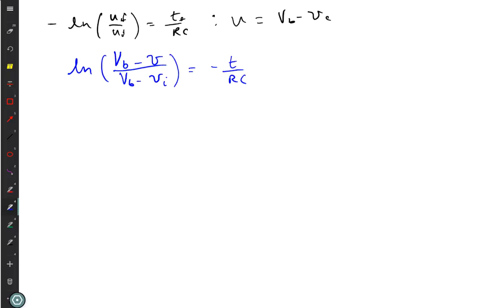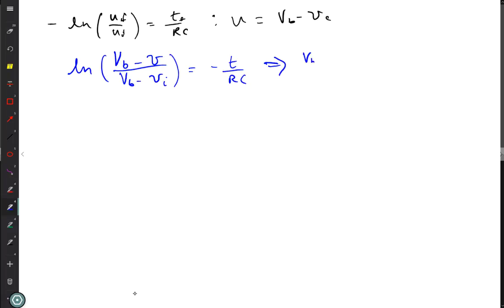So how do I get rid of that natural log? Exponential, because it's the inverse function. So I'm going to have VB minus V over VB minus V initial equals e to the minus T over RC.